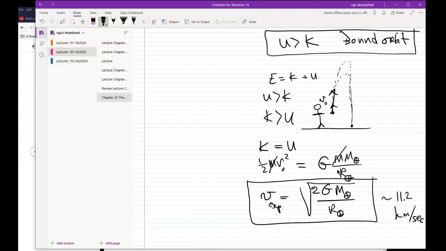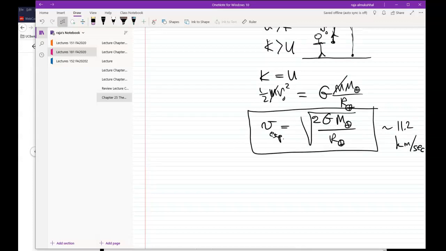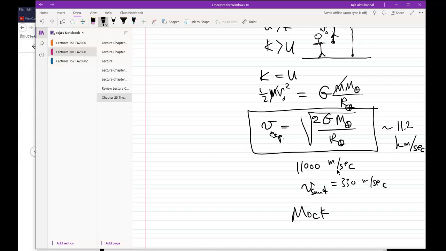You got it? Okay. Now, just to give you a feel for that number, 11.2, so that's about 11,000 meters per second. The speed of sound is 330 meters per second, if I remember. So what's the Mach here? Let me calculate that. 11,000 divided by 330, that's about Mach 33.